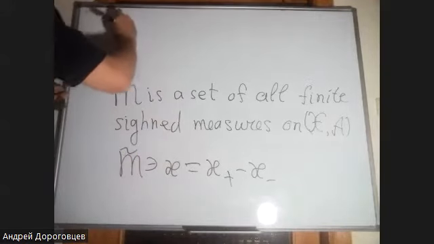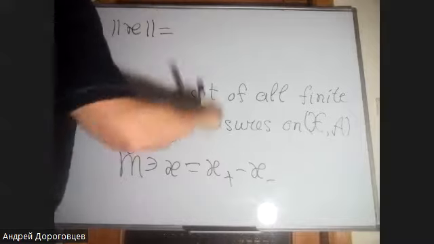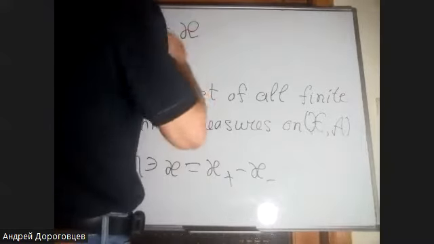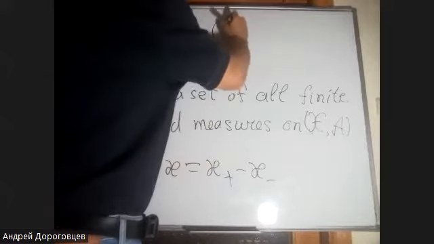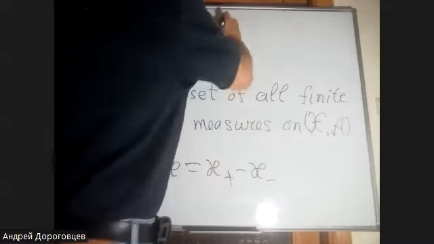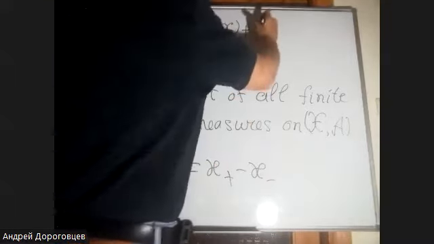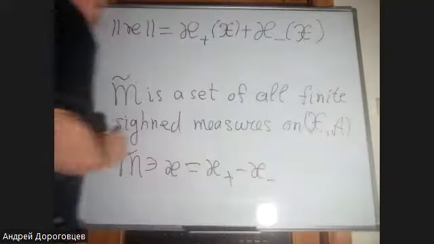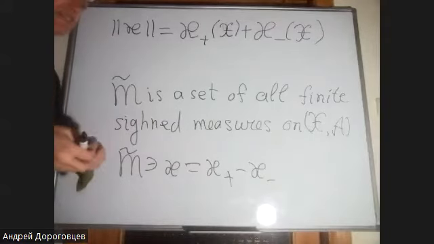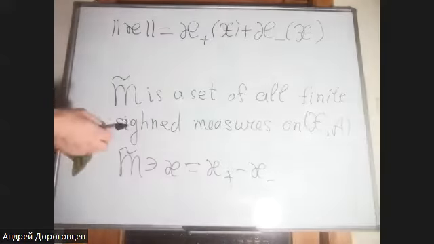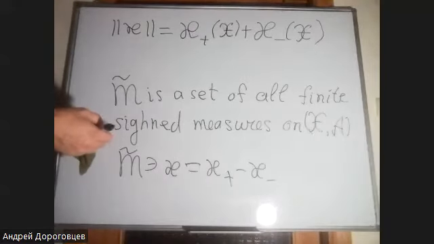So the norm of kappa will be equal to kappa plus of X plus kappa minus of X.